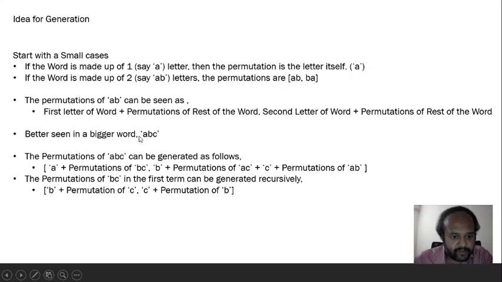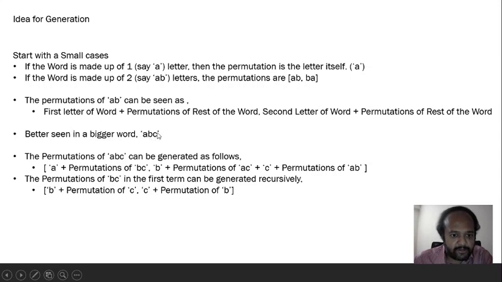In order to generate the permutations of the big input word ABC, we define that the permutations of ABC is each letter of the word plus the permutations of the rest of the word. So the same problem of generating the permutations in this step is reduced to a problem of smaller size.